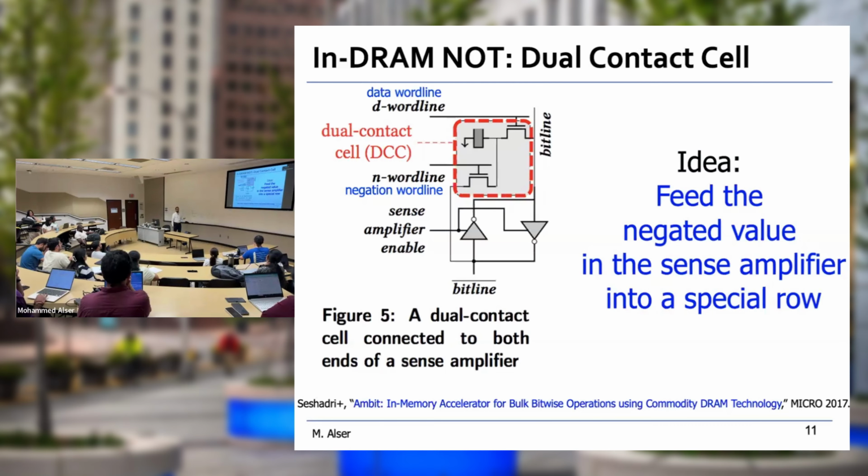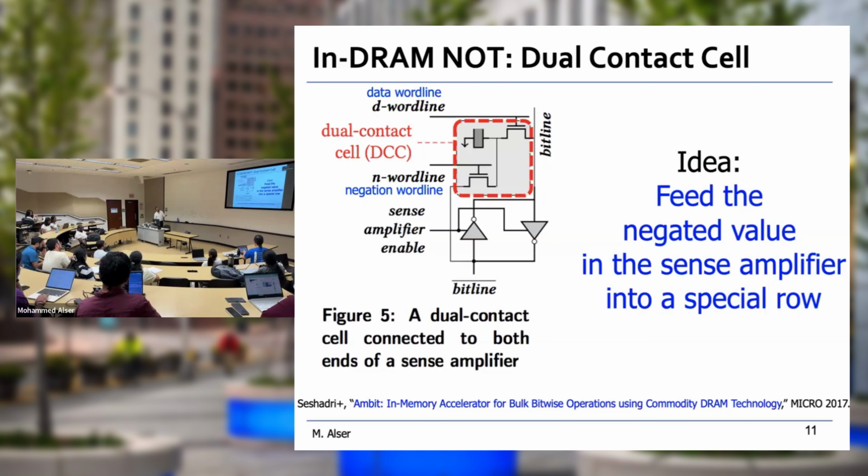And that's simply what they propose. Just connect a wire to this point, after the inverter, and store it back in another row. So for every sense amplifier, meaning for every bit we store, you have to connect a wire back to a new row to get the negated, or inverted, value out of the sense amplifier and store it in a new row. This way you have the original data in one row, and you can sense or amplify it and pre-charge again, and you also have the negated one.